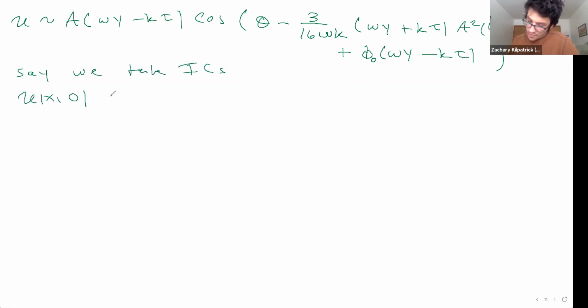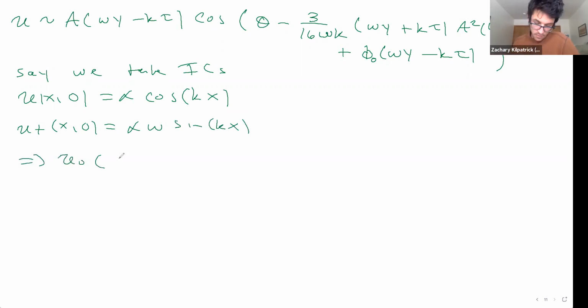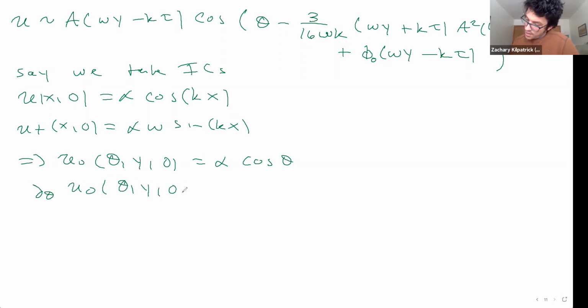Okay. So let's just say we take the following ICs. u(x, 0) is equal to α cosine kx, and u_t(x, 0) is equal to αω sine of kx, and that this implies that u0(θ, y0) is equal to α cosine θ, and ∂θ of u0(θ, y0) is equal to minus α sine θ.